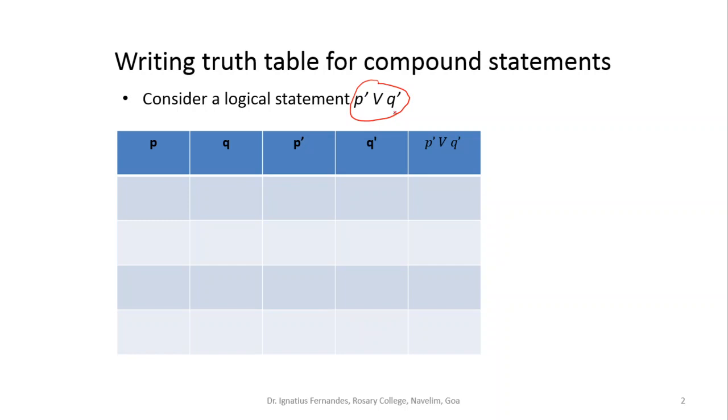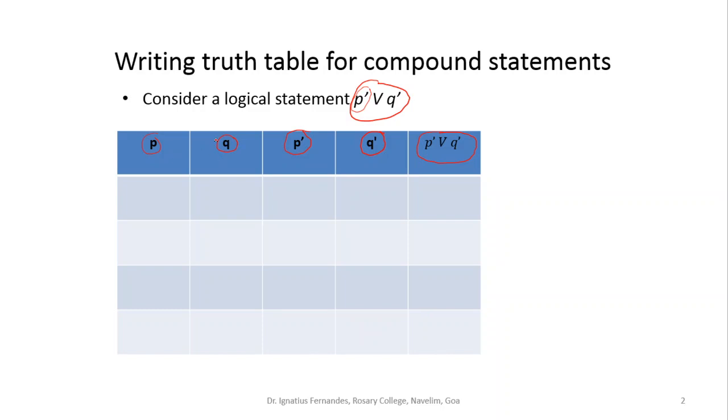There are 2 simple statements involved here, P and Q. So I have P and Q. There is P bar involved here, so I write down P bar. There is Q bar involved here, so I write down Q bar. And finally, after I know what is P bar and Q bar, I can write down P bar or Q bar. Now this is our statement, and we need the truth values of this statement.